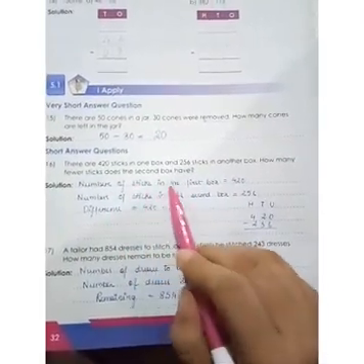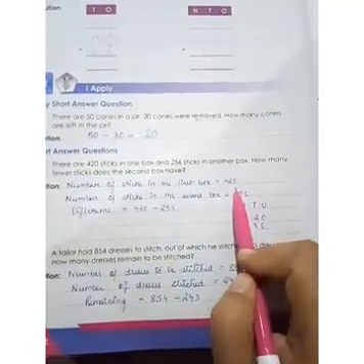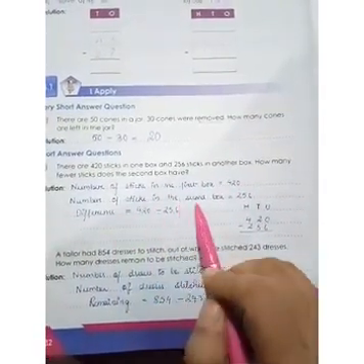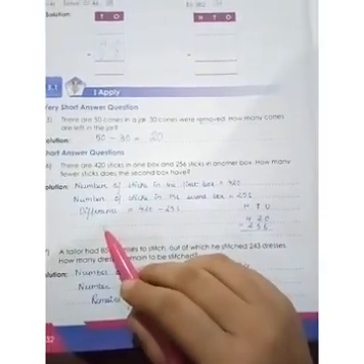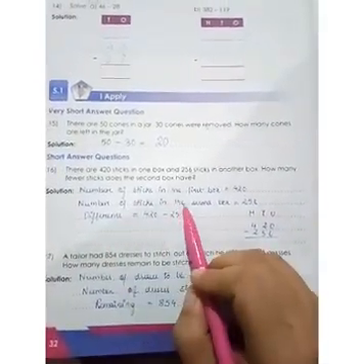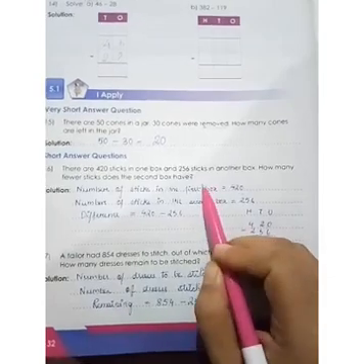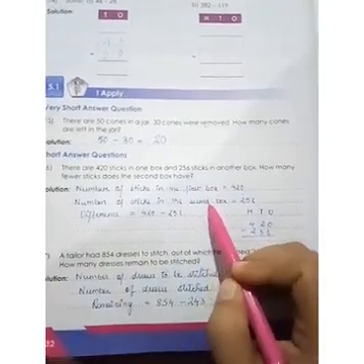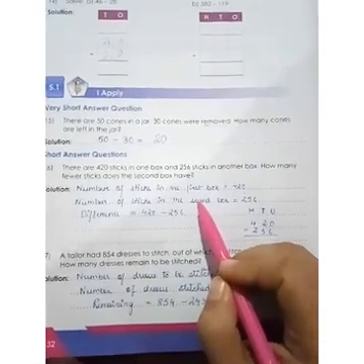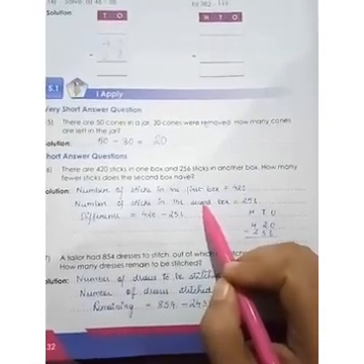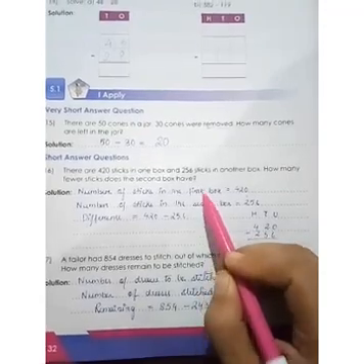We know the number of sticks in the first box equals 420, and in the second box equals 256. So we have to find the difference, how many fewer sticks the second box has than the first box.